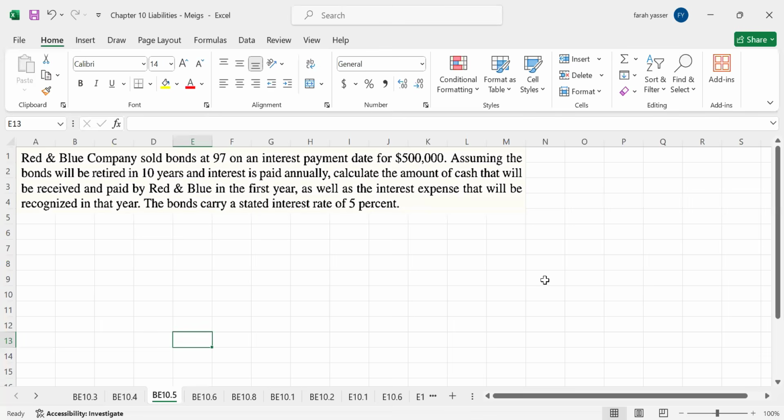So the requirement is to calculate the amount of cash that will be received and paid by the company. First we calculate the cash received or paid, and then the interest that is recognized. It is not just the cash payment, but the interest required will be presented in the income statement as well.